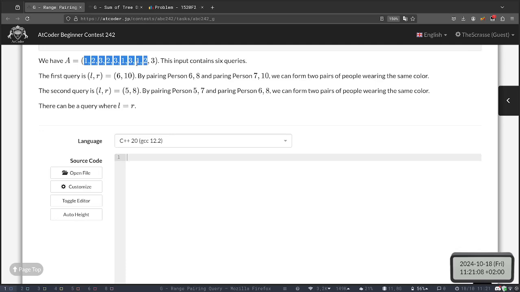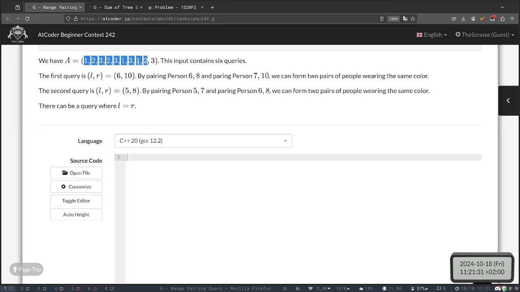occurrences divided by 2. Alternatively, you can say I can make pairs with all the people except the ones which, if you have some color and it appears an odd number of times, there's an element you cannot pair.